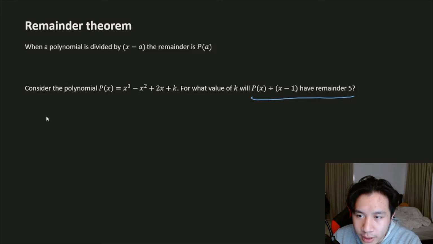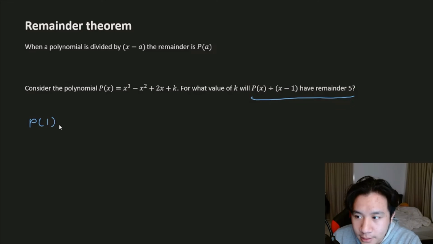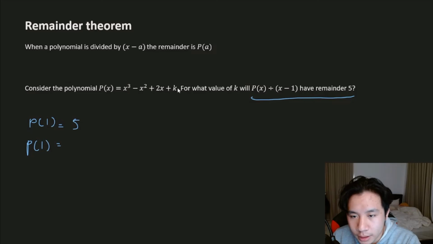So what I can do is write p of 1, because that is what the polynomial is being divided by, and this has a remainder of 5 because they tell me that. What I can also do is sub 1 into this polynomial, because that's the same as p of 1.